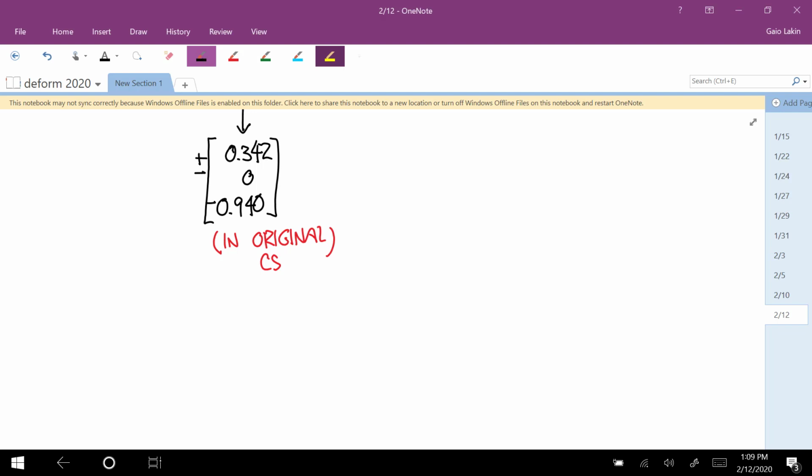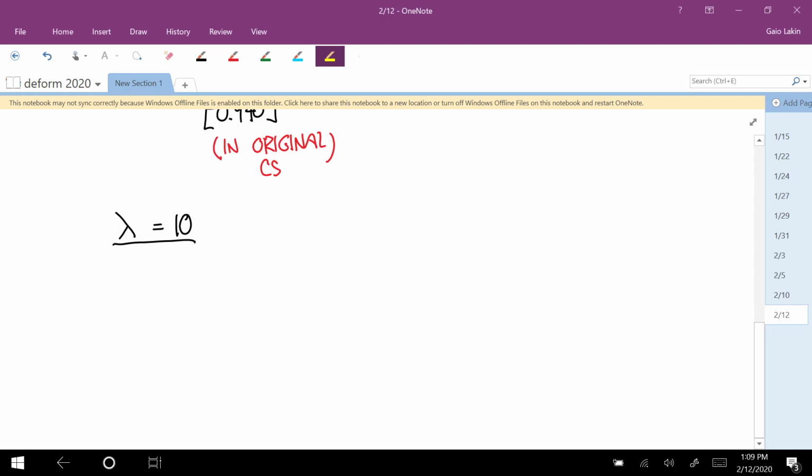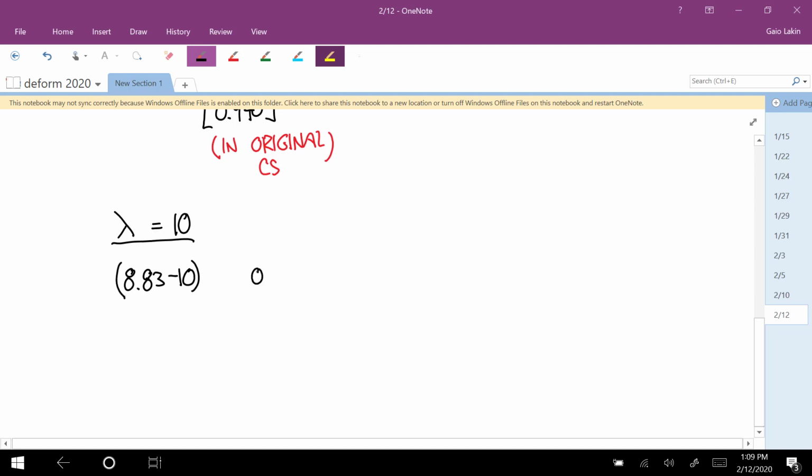Okay, so now we're going to use lambda equals 10. And so we have this equation that says 8.83 minus 10, 0, 3.21, and then 0, -5 minus 10, 0, and then 3.21, 0, and 1.17 minus 10.